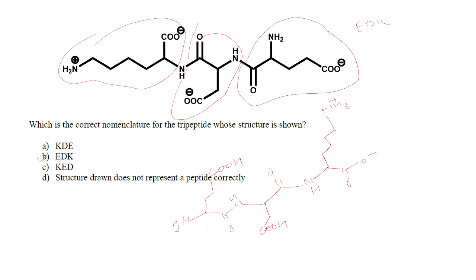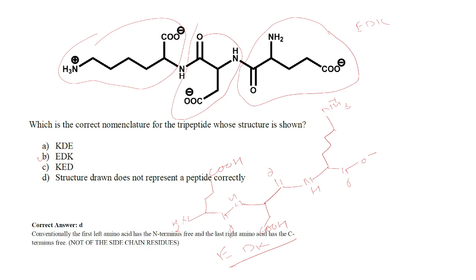If it had been drawn in this way, then it would be E D K. But the drawing is not correct. The structure does not represent a peptide correctly. Conventionally, the first amino acid on the left has the N terminus free, and the last amino acid has the C terminus free. But you are right.